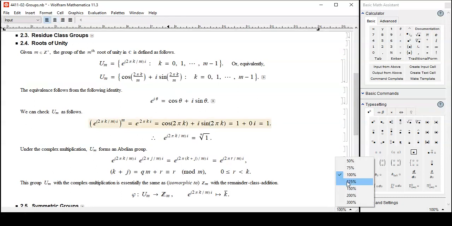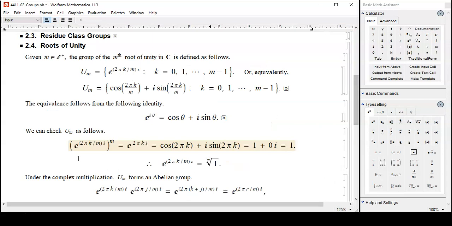Let's expand the font again. That thing to the m power, well, let's apply the exponent rule. Multiply by power, and that'll kill off this denominator, so you get e to the 2 pi k i. So we get an integer multiple of 2 pi.